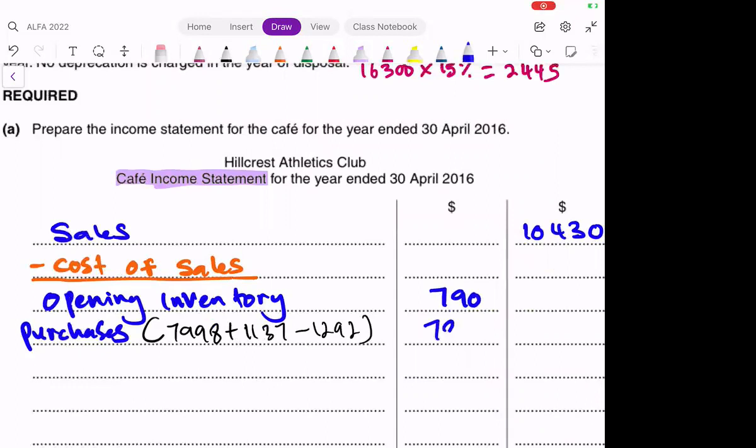We have 7843. After that, you plus these two, you get 8633. 8633 minus closing inventory.